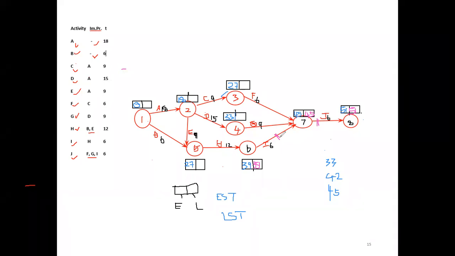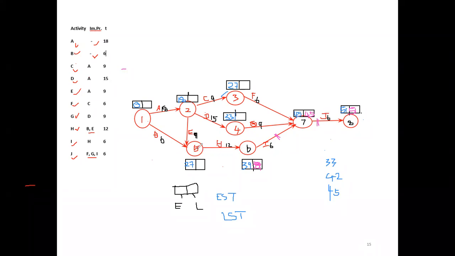So while doing the calculation, we just mark it, then simply you can identify. So 45 minus 6, 39. Here also 39 and 39 are equal. So here EST and LST are equal, so we can mark I also as one of the critical path activities. Then we come to the fifth event. From 6th to 5th, there is only one backward route.